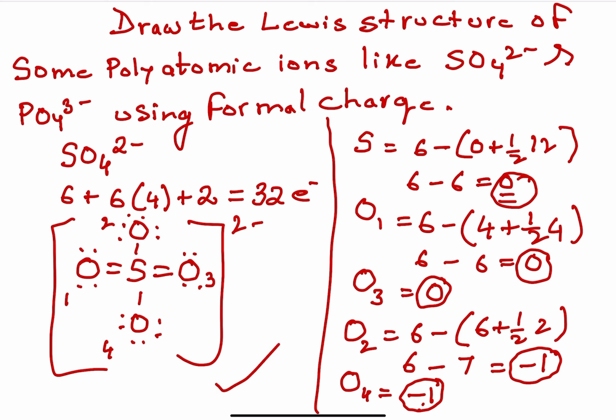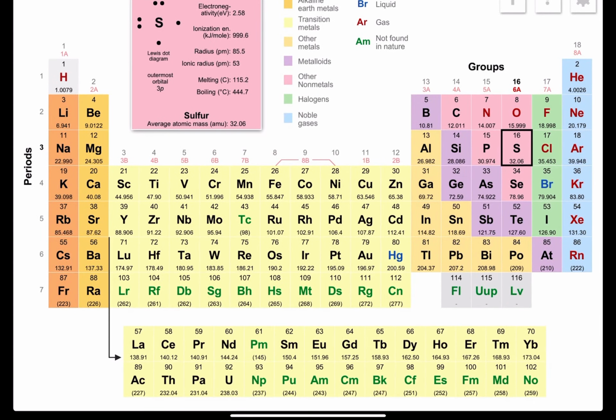Now let us do the next example, the phosphate ion, PO4, and it has a charge of 3 minus. If we look at the periodic table, we will see phosphorus has atomic number 15, and oxygen has atomic number 8.